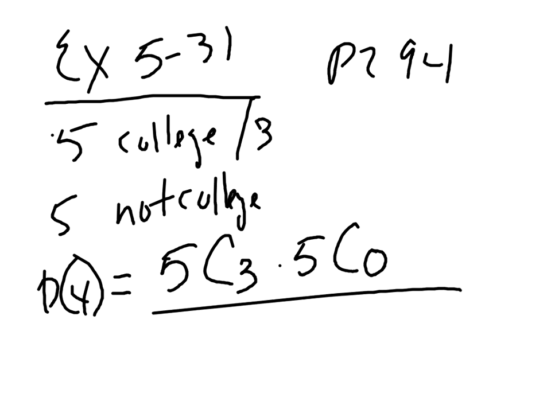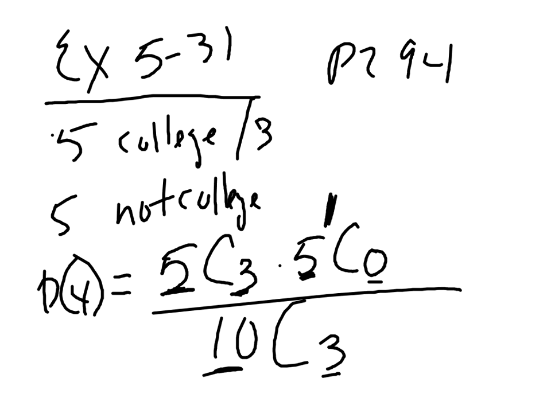And it makes sense that at the bottom we would have 10 combination 3, because notice that the 5 and the 5 add up to our total of 10, and our 3 and our 0 add up to the number selected, 3. And remember also that 5 combination 0 is just 1.